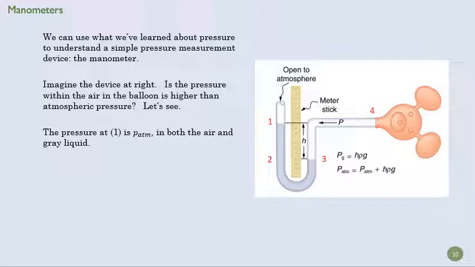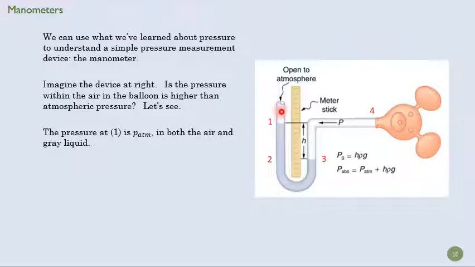Let's work through this in a hydrostatic way and see what the difference in pressure between point 4 here is and point 1. So at point 1, we know that the pressure is atmospheric pressure because when two fluids meet each other and they're not moving, the pressure is the same in both fluids.